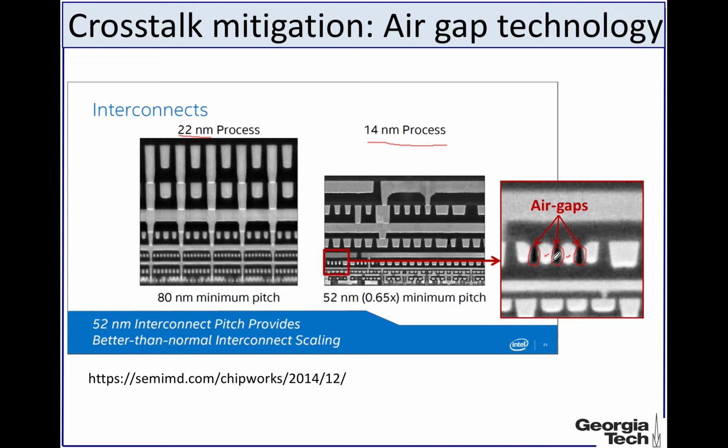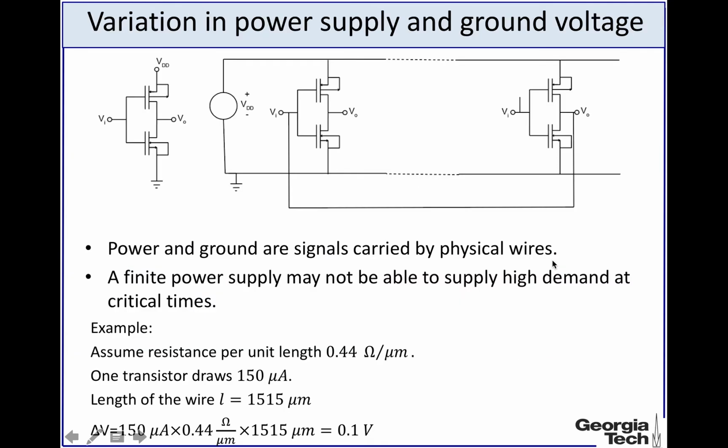Alright, so now let's look at the second origin of noise, and that occurs because of the variation of the power supply voltage and the ground voltage. Now let's try to understand why there can be a variation of the power supply voltage and the ground voltage. The reason is essentially this: say this is the power supply voltage.